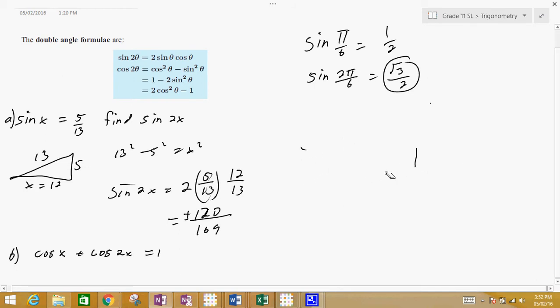Another way that you could look at this question is you could realize that sine squared x plus cosine squared x is equal to 1.